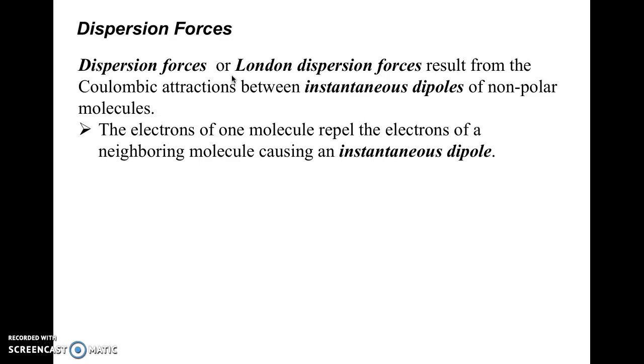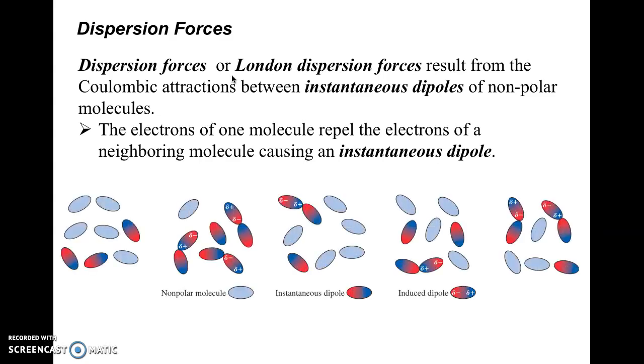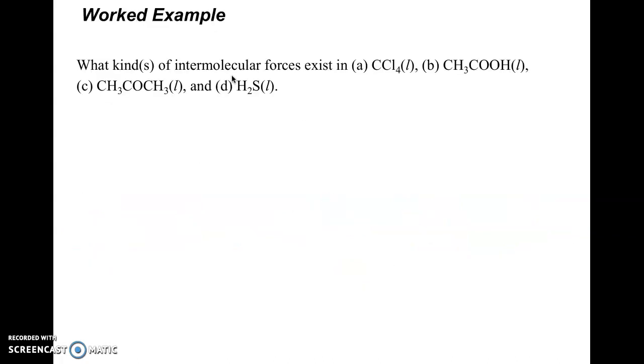So when two molecules get close together, those electrons on the outside repel one another, and some of the electrons scooch over to the other side of the molecule, thus having an instantaneous or short-lived dipole. And there's a little diagram here that tries to show the effect of the dispersion forces.